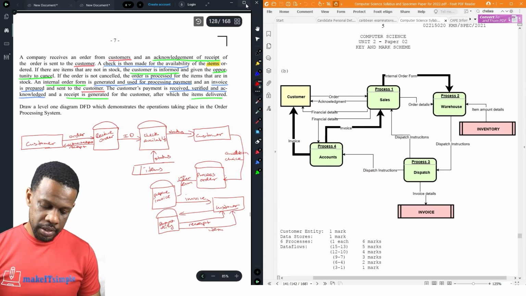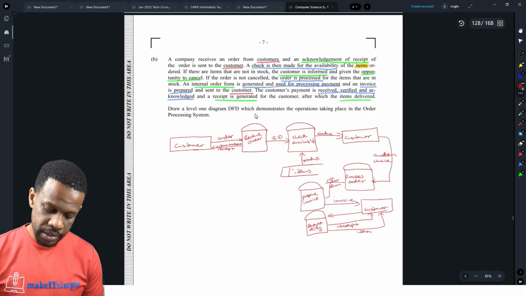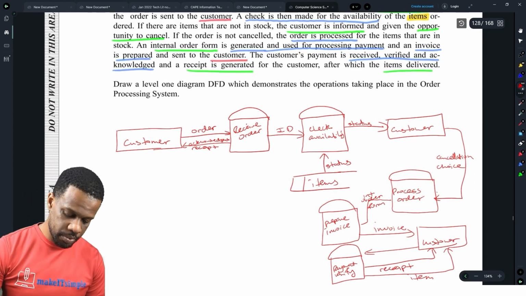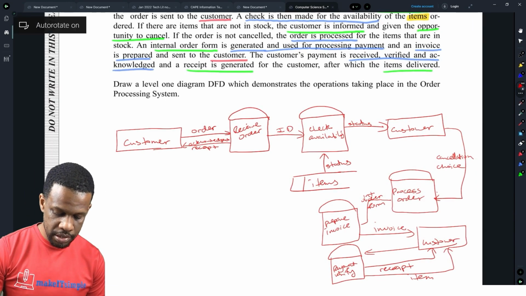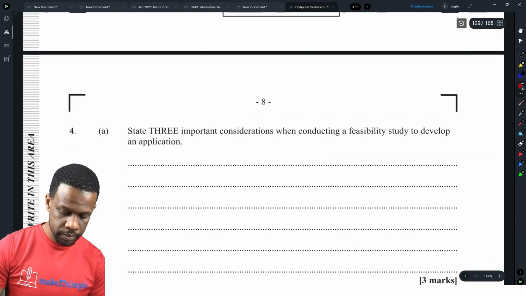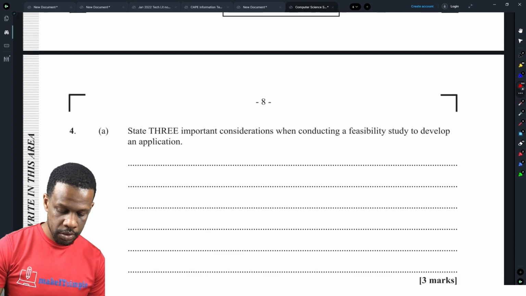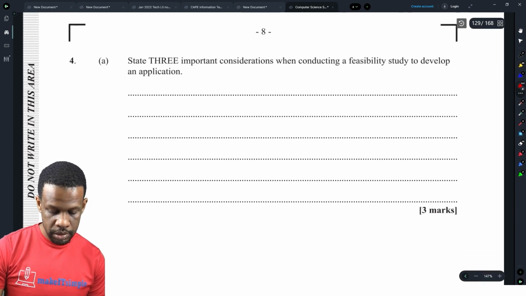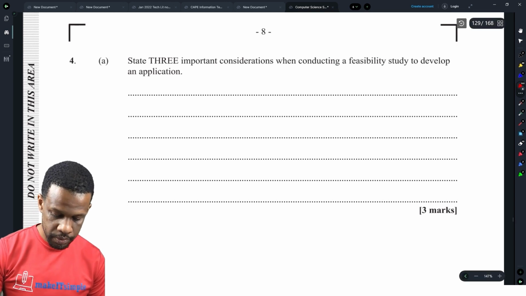Alright, state 3 important considerations when conducting a feasibility study to develop an application. You probably want to consider cost, time frame, and tools available. So cost is, can the client afford?